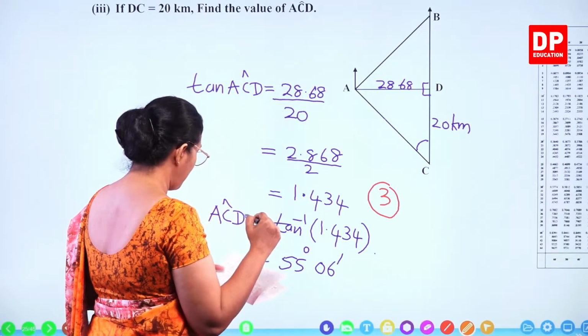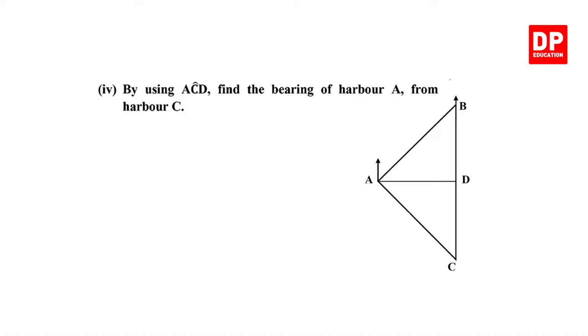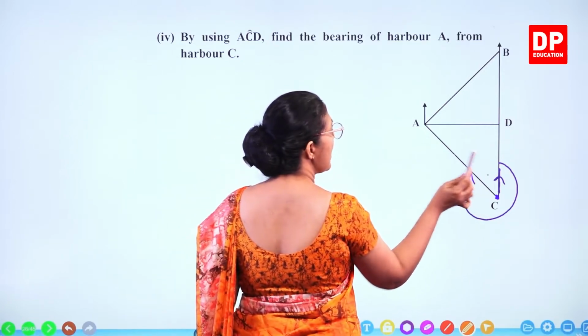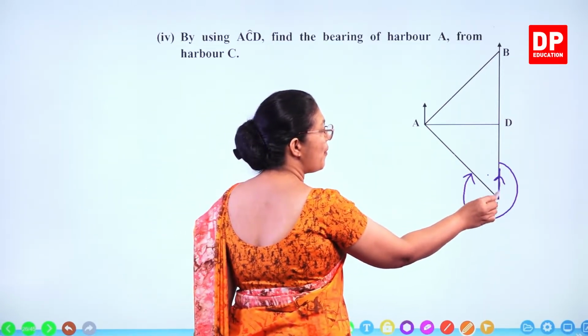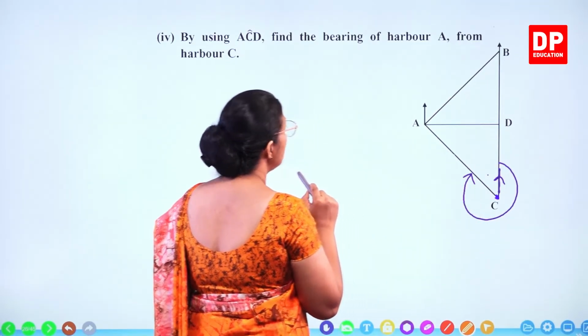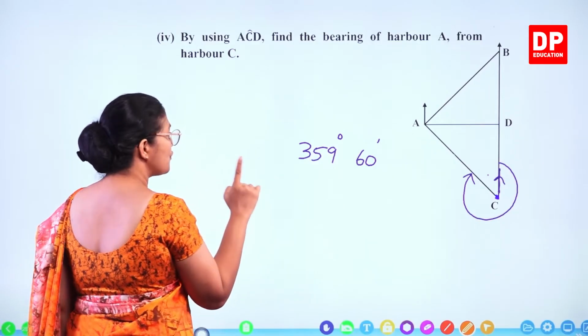And then we need to find the next part. By using ACD, find the bearing of harbour A from harbour C. From harbour C, this is the north line. You need to find this angle. That's the required angle. But we found this angle. So the angle around a point is 360. And when you subtract this angle, you get the required answer. So 359 and 60 minutes instead of 360.